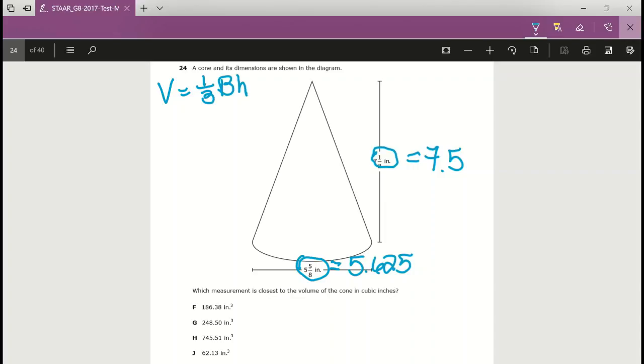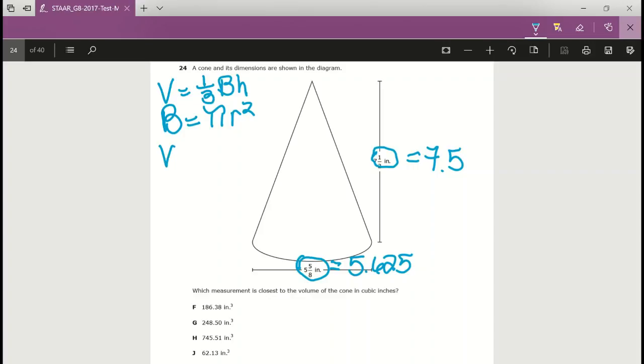The first thing I want to do, I see that I have to find my big B, my area of the base. Big B, remember the base of a cone is a circle, so the area of a circle is pi r squared. So I'm going to plug this formula back into my original volume formula.